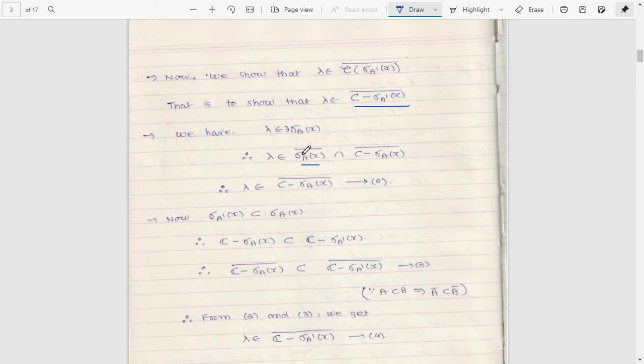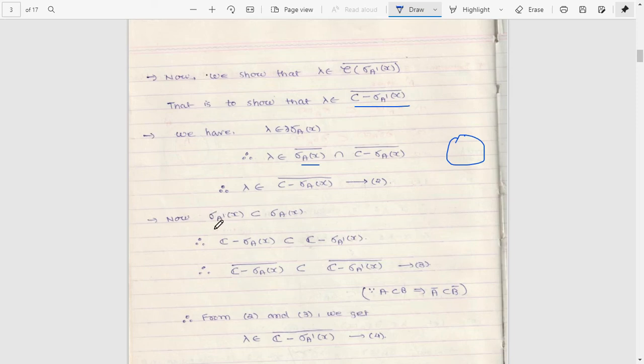So lambda belongs to closure of C minus sigma A of x. What is boundary? Boundary point means a point which is not interior and not exterior. It is called a boundary point.